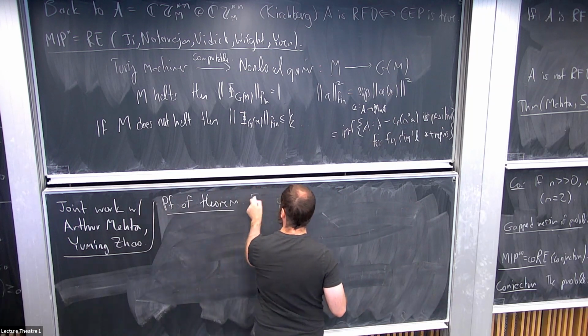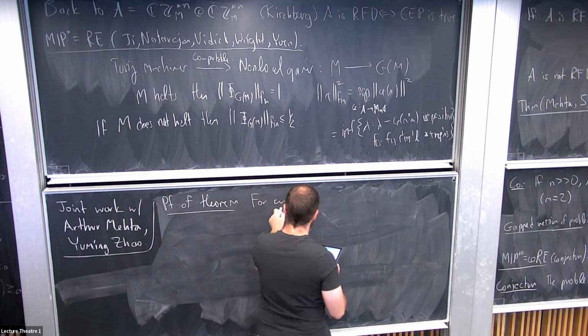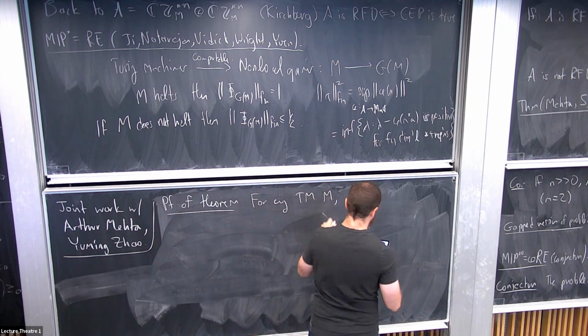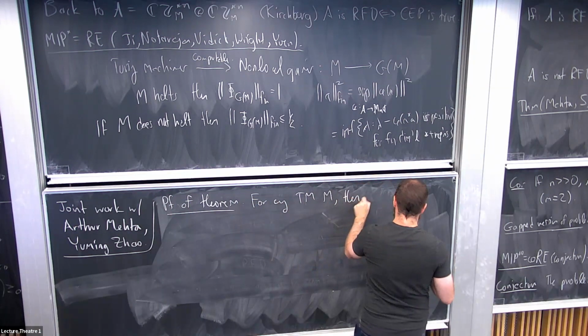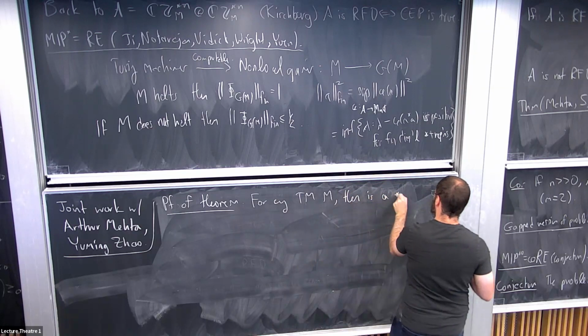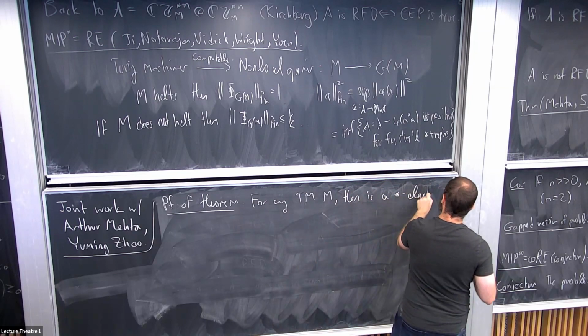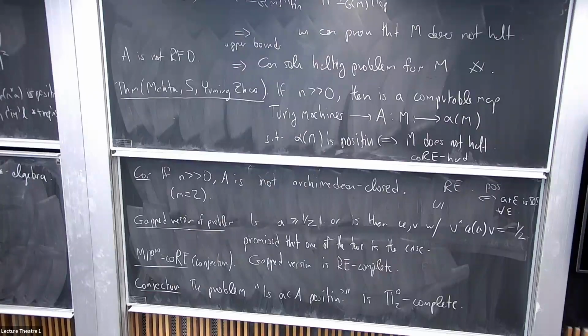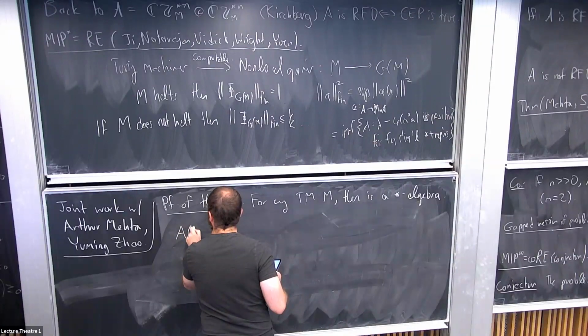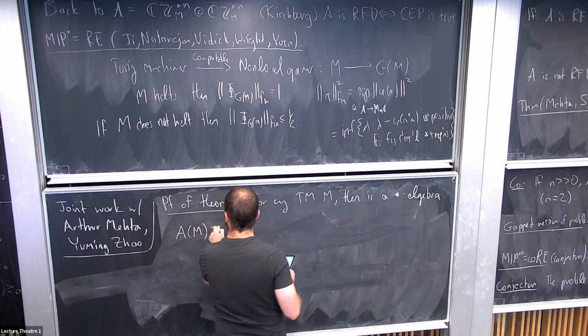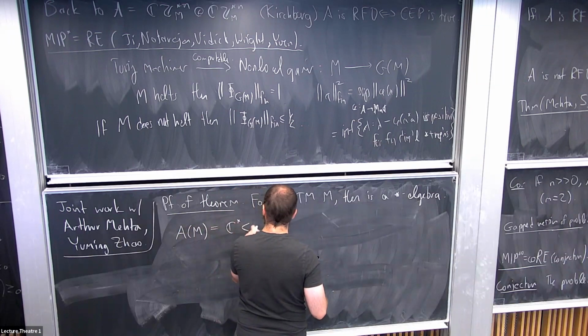So the idea is that for every Turing machine M, there is a star algebra A of M, which is finitely presented.